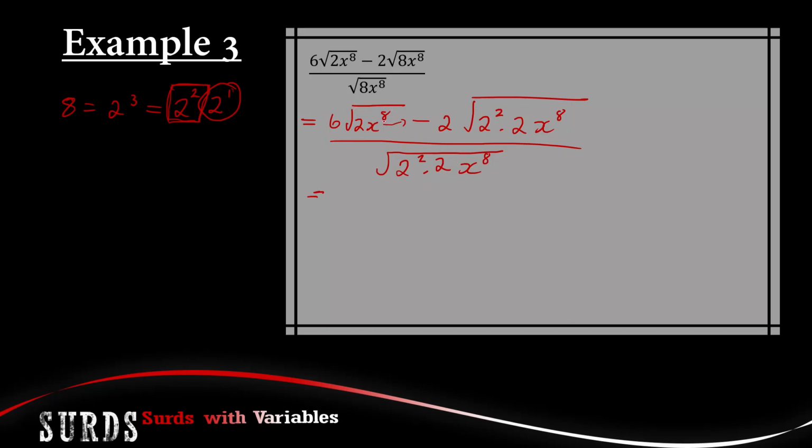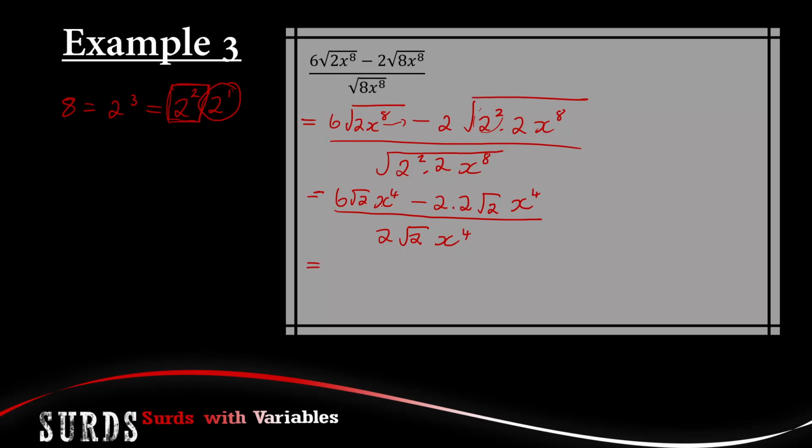So when I take the variable out, I'm going to put it on the right hand side of my root. So it's going to be 6 square root of 2 x to the power of 4, it halves, minus 2 times 2. This is the 2 that came out here, and then there's a 2 left, and then the x comes out as x to the power of 4 over 2, 2 is left, x to the power of 4.